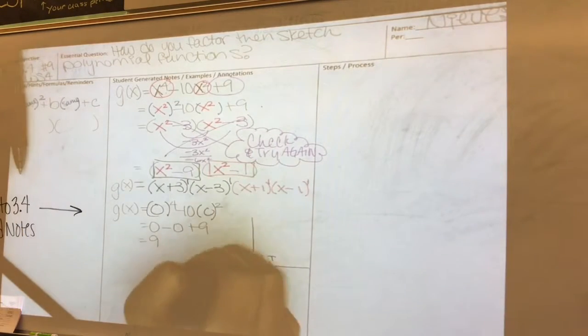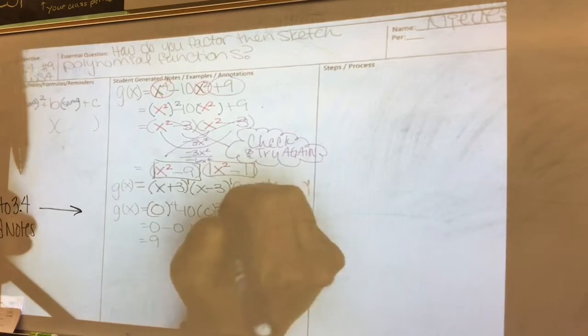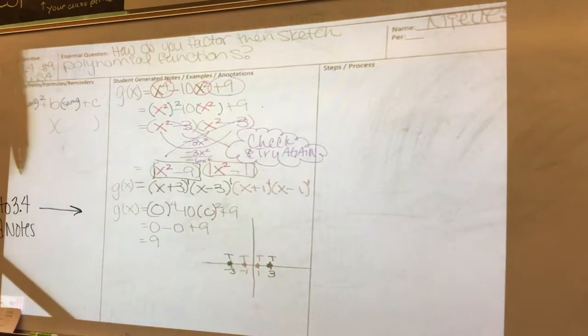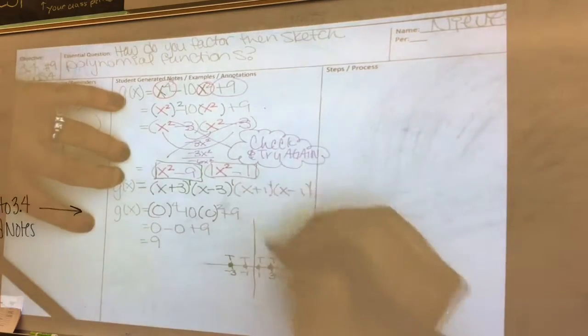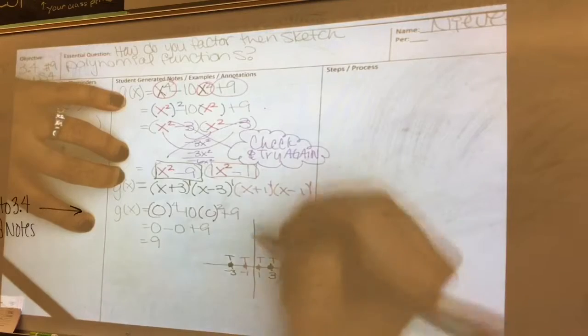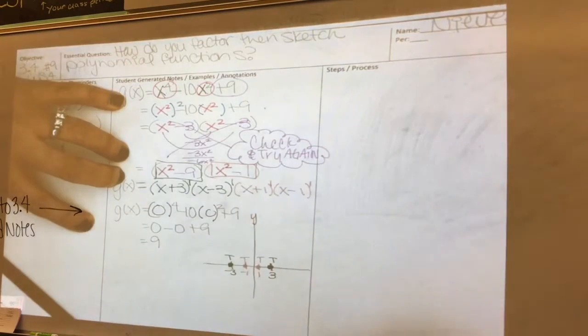So if you did it a different way, it's totally okay. You do not have to plug it into the top one, but oftentimes finding the y-intercept is easiest in the top one. Where did I get the 0? This equation here, so I have this y-axis, and normally we just label a y on it.